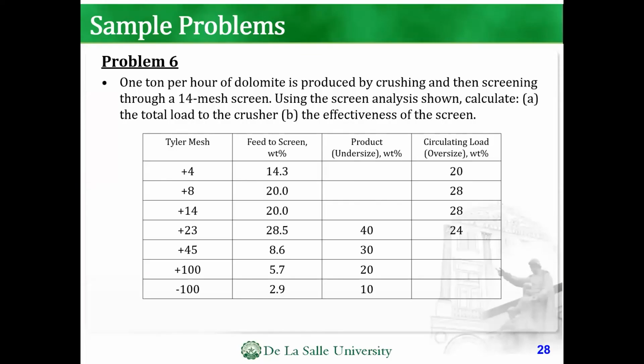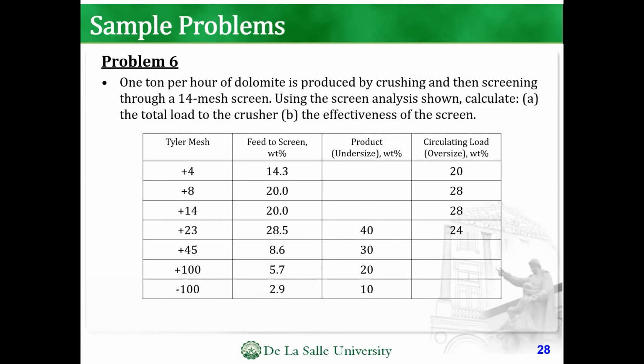Let's try problem number 6. In here, let's read. 1 ton per hour of dolomite is produced by crushing and then screening through a 14 mesh screen. Using the screen analysis shown below, calculate A, the total load to the crusher, and B, the effectiveness of the screen.